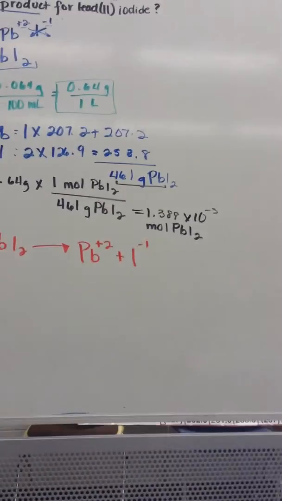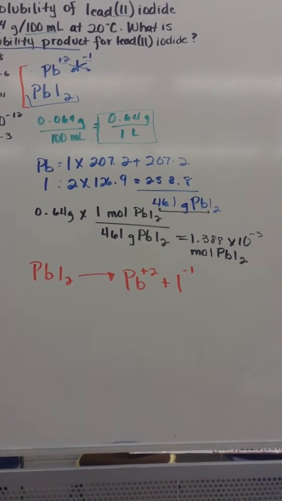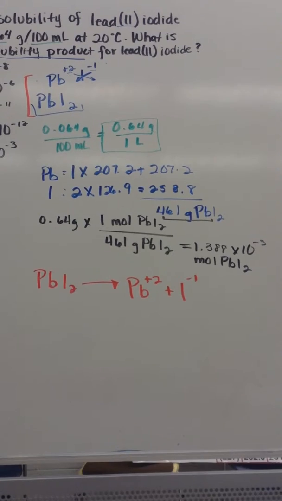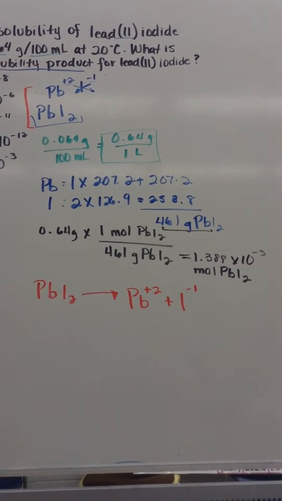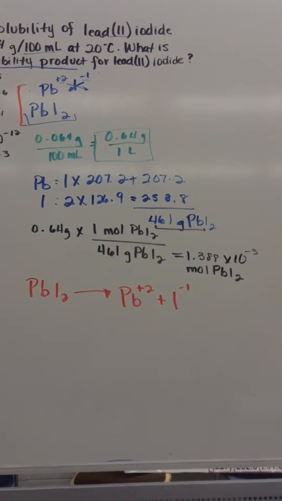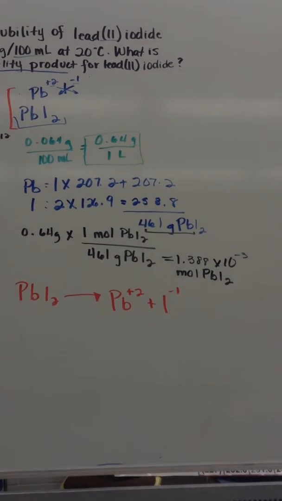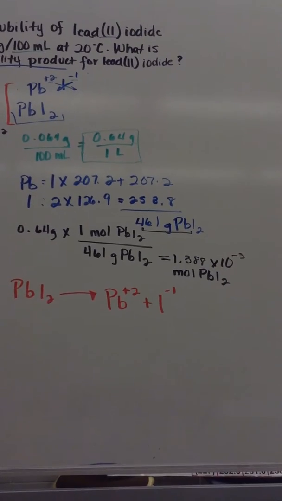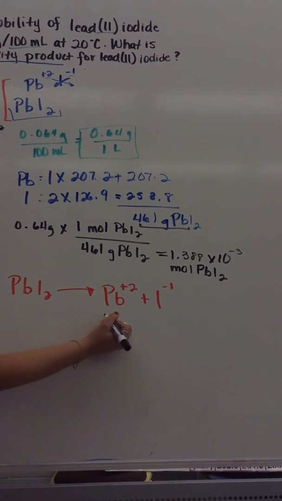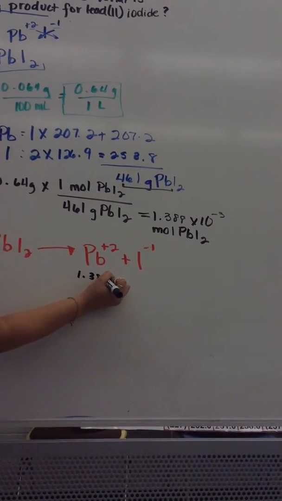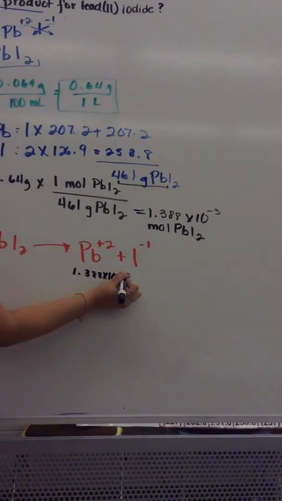Now that you have that, you can go ahead and see from the reaction that 1.388 times 10 to the -3 releases the equal amount of moles of lead +2. So kind of plug in a way. So you have 1.388 times 10 to the -3.